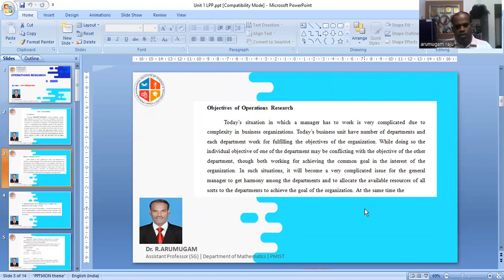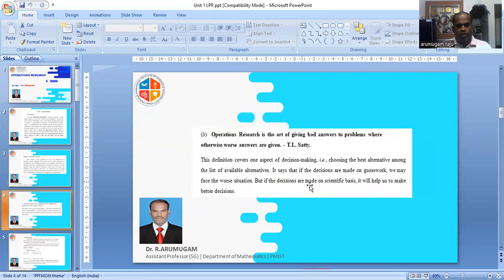Generally, this is the situation where we have to use operations research to solve a complex problem. So this is a general definition for OR.